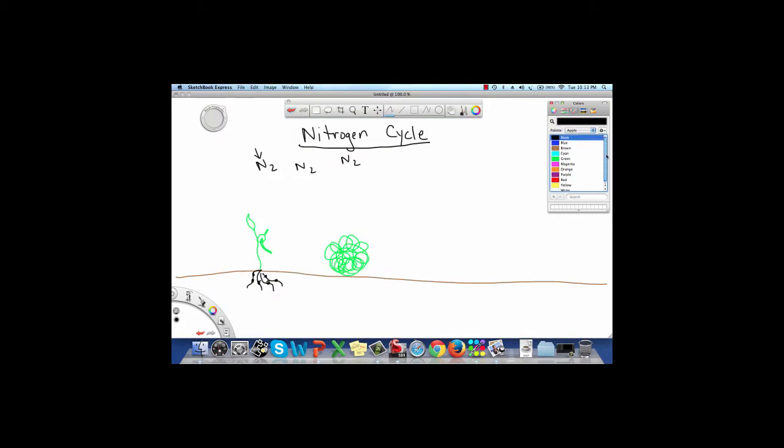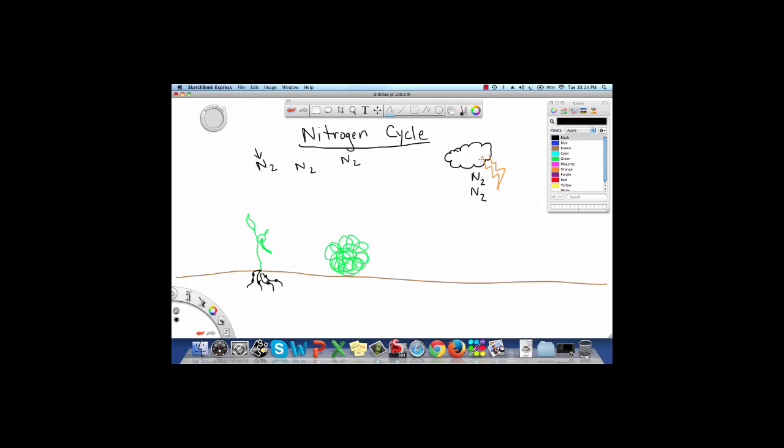I don't think I have gray here, so I'm going to draw a cloud over here with a lightning bolt. Okay, and some more. We'll draw some N2s over here. Lightning provides a huge amount of energy.